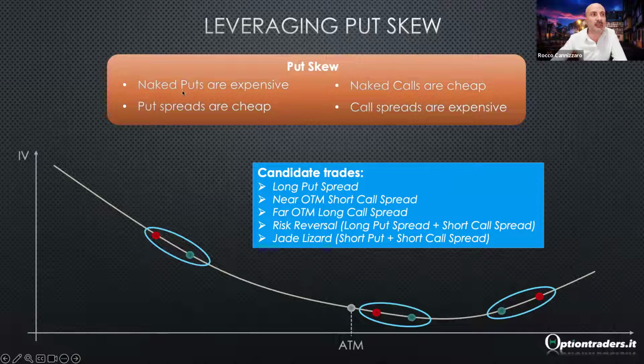But even though naked puts are more expensive, put spreads are actually cheaper. And why is that? Because if you think of a put spread, let's say the green dot represents something that I'm buying, and the red dot represents a strike that I'm selling.